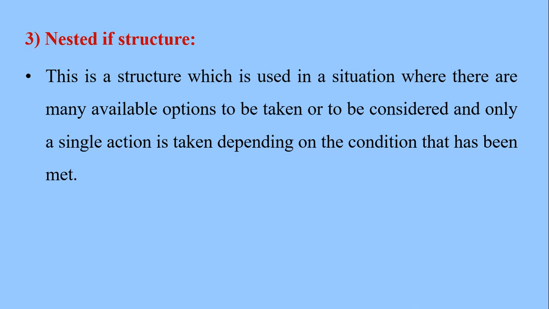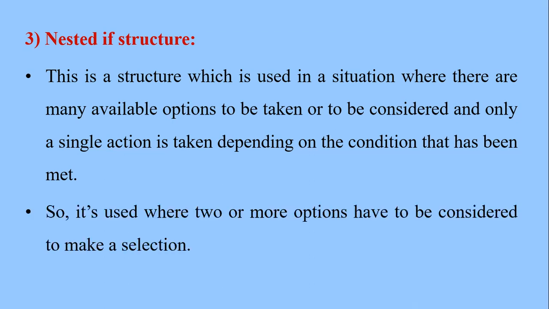So it's almost similar to the if then else that we have looked at, but here we have additional alternatives. We have several alternatives to take, but only one alternative will be executed based on the condition that will be met. So this structure is used where 2 or more options have to be considered to make a decision or a selection.